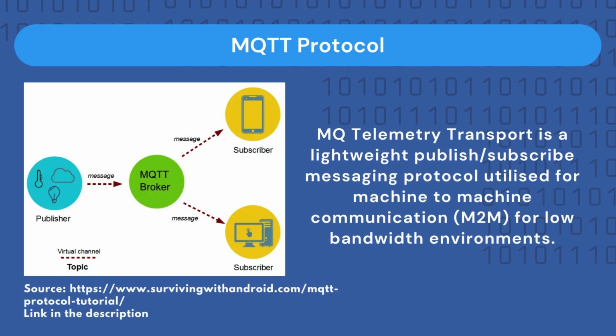MQ telemetry transport is a lightweight publish and subscribe messaging protocol that is used for machine-to-machine communication in low bandwidth environments. Smart sensors, wearables, and other Internet of Things devices typically have to transmit and receive data.